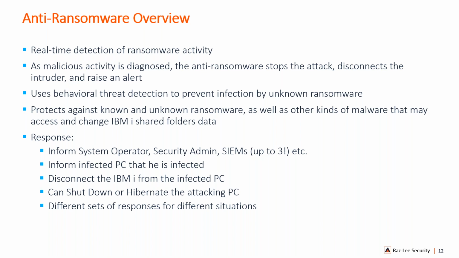So we must have an excellent detector for ransomware activities and the ability to stop its activity immediately. So the product works, of course, in real time. Unlike antivirus, which may run in batch later, anti-ransomware must run in real time.